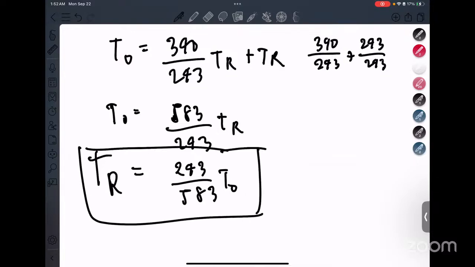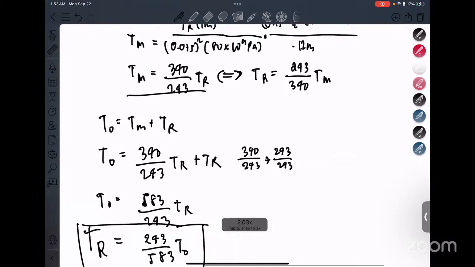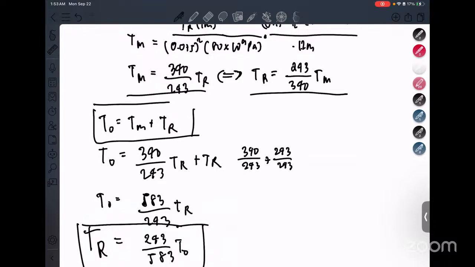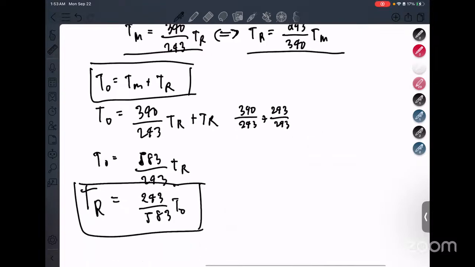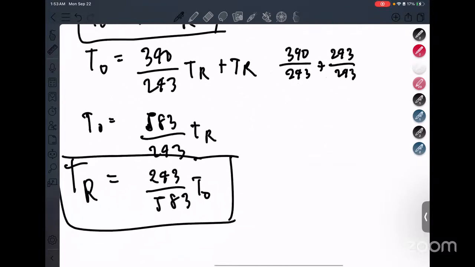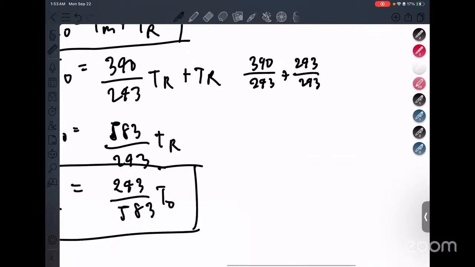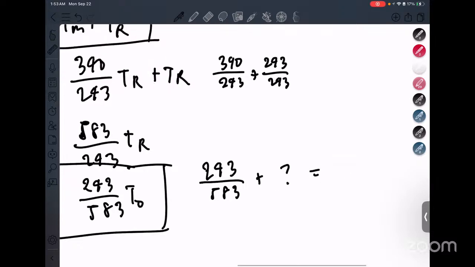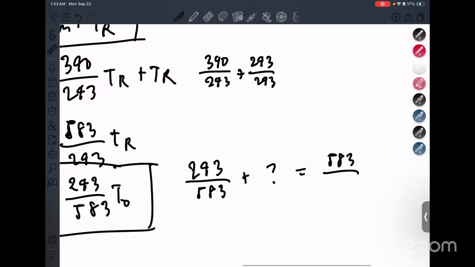You can either reset this process starting with here, or you can use this fact, right? T naught equals Tm plus Tr, meaning it's like 243 over 583 plus blank equals 583 over 583.